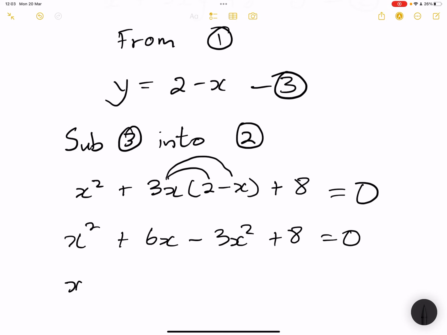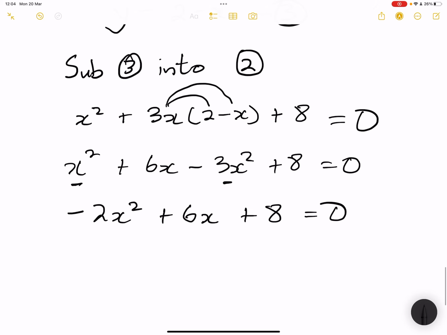So in this case, what do we have? We've got x squared plus 6x minus, oh no, actually, I see I've made a mistake there. So you've got x squared minus 3x squared, which gives you negative 2x squared plus 6x plus 8.